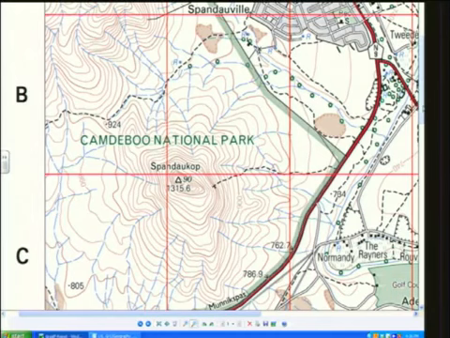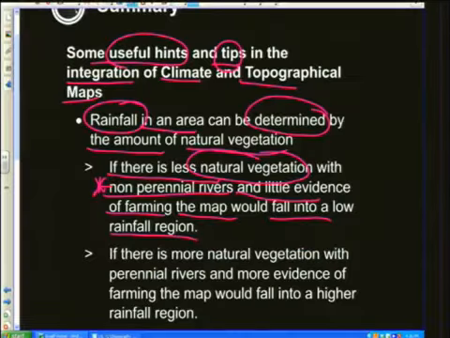So immediately we can conclude that because of the less green in the area, as well as the non-perennial rivers, note the broken blue lines on this map represent non-perennial rivers. And because of those non-perennial rivers and the less green areas on the map, we are able to conclude that Graaff-Reinet falls into a low rainfall region.